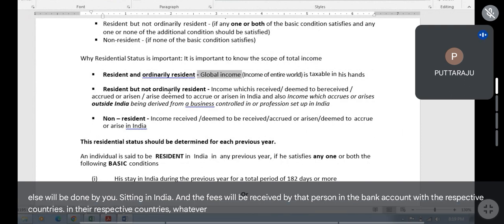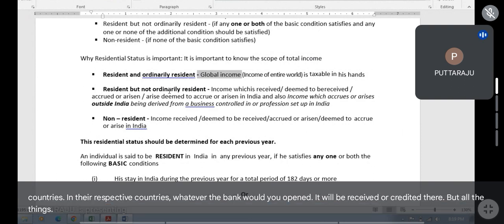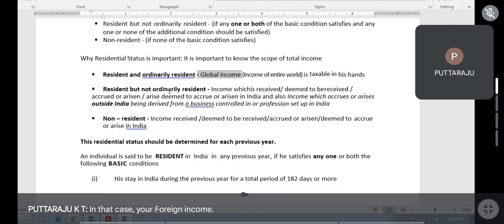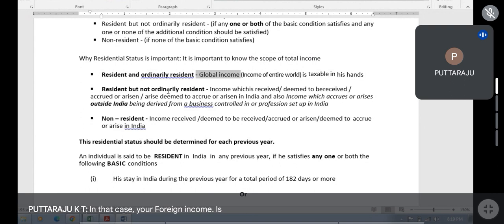But all the control will happen from India. In that case, your foreign income is also taxable if the control is happening from India, though you are not ordinarily resident.